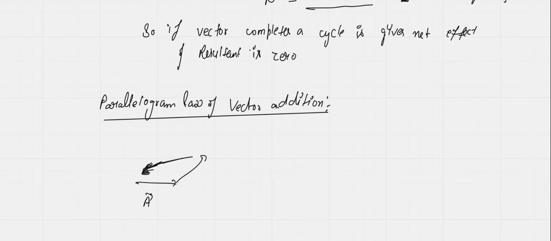If this is A and this is B, the resultant of A and B is nothing but A plus B. So this direction is representing the negative of R. I don't want to make a triangle, I just want to know the resultant, so the resultant will be looking like this. This is what we used to do in the case of triangles. Is this clear? The triangle law, which we did earlier.